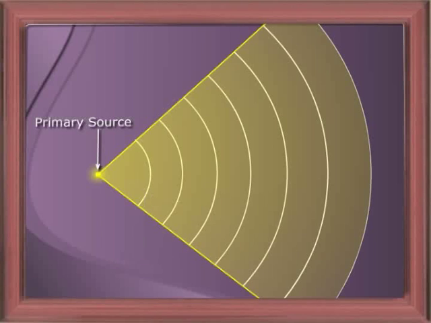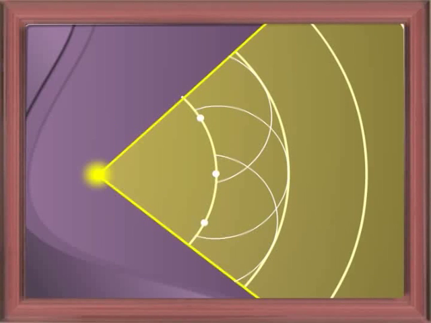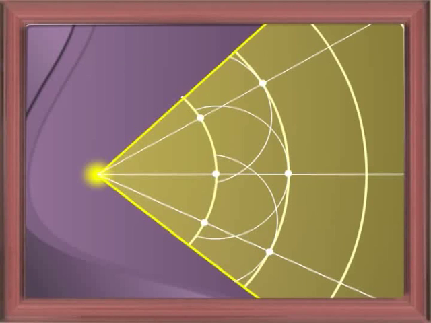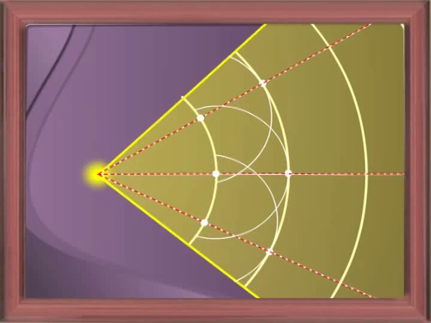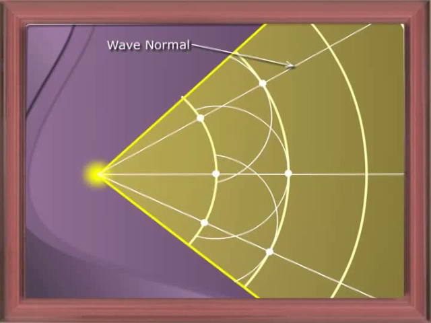Any point on a wavelet acts as the source of light for further propagation of light. This is called a secondary source. The envelope of all wavelets in the same phase, having received light from sources in the same phase at the same time, is called a wavefront. The normal at any point drawn outward on a wavefront is called the wave normal. Further propagation of light occurs along the wave normal.